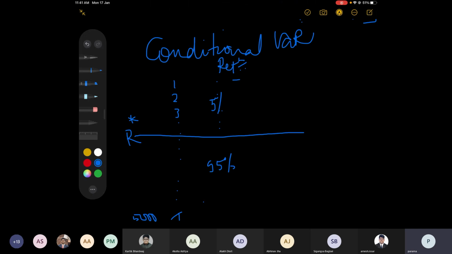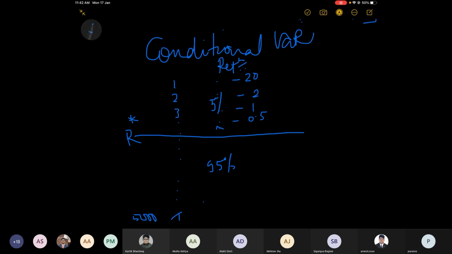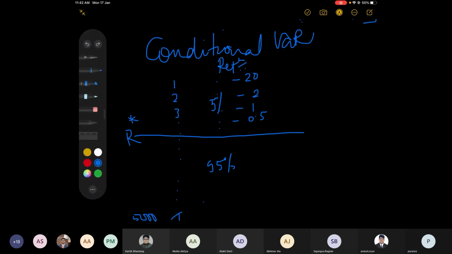As I was giving examples, this could be minus 20, then this could be minus 2, minus 1, minus 0.5, minus 0.1, and then minus 0.01 and so on.